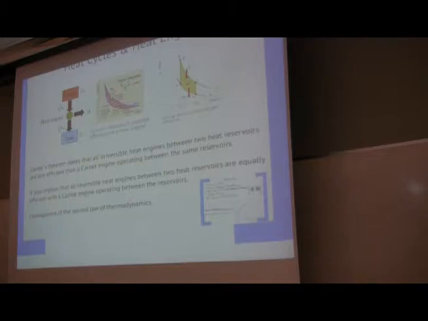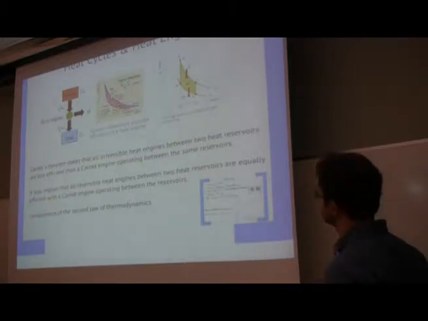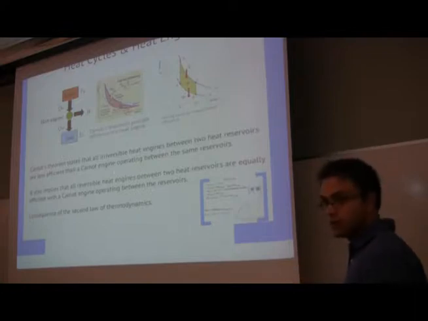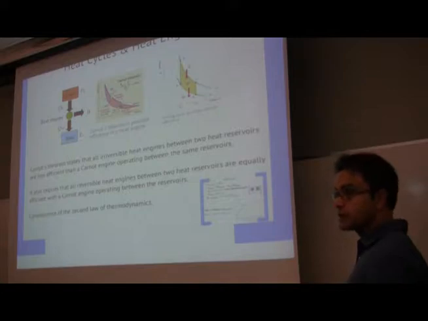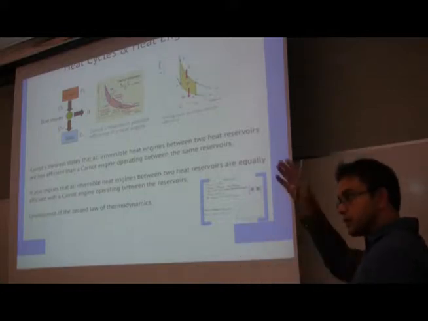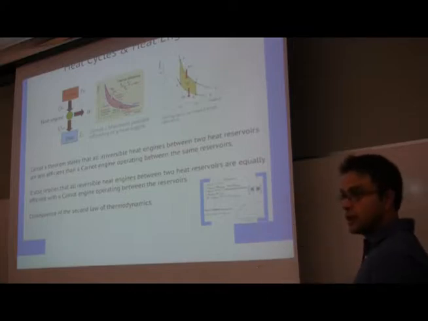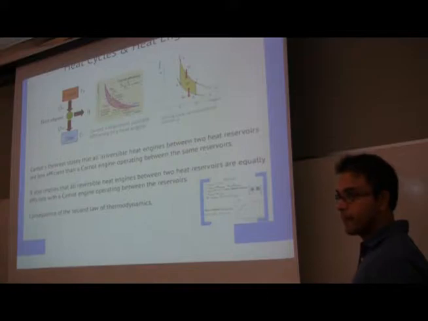Now, the Carnot theorem is basically what determines upper limits for efficiency. It says that there are two things that come out of the Carnot theorem. One is that reversible heat engines, where you can retrace the states, like those closed curves, are more efficient than irreversible engines. Obviously, in practice, nothing is perfectly reversible because you'll always get losses from the system.